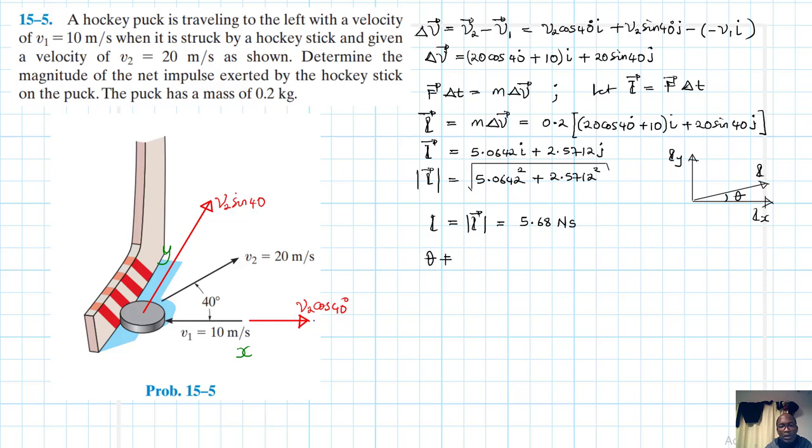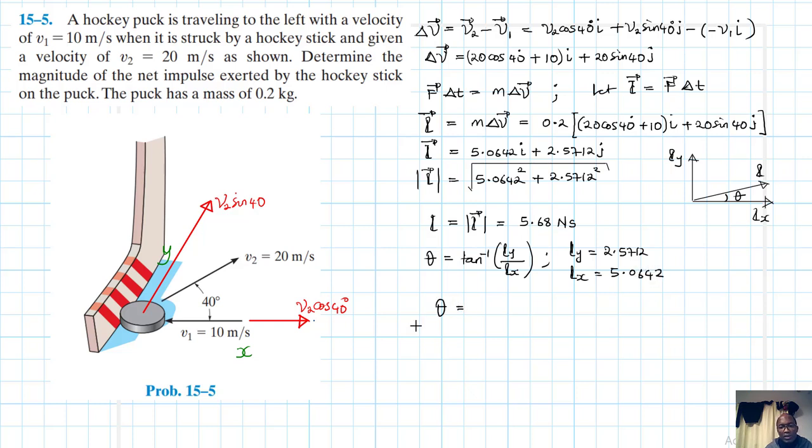Theta is equal to tan inverse of Iy divided by Ix, where Iy is 2.5712 and Ix is 5.0642.